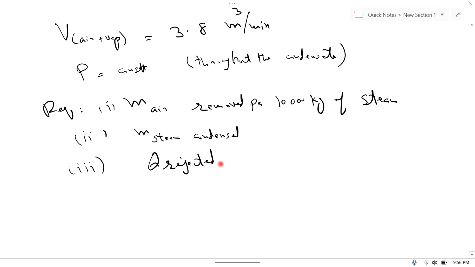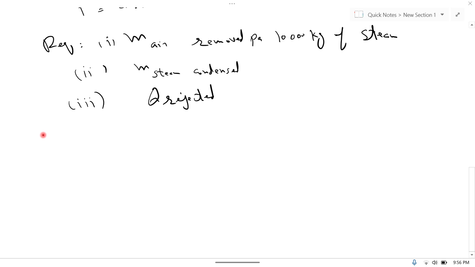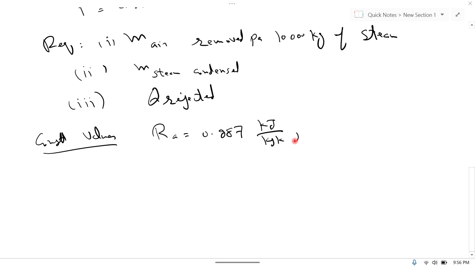Now here are some constant values which we will use in the problem solution. R for air is 0.287 kilojoule per kilogram per Kelvin. R for vapor is equal to 0.4615 kilojoule per kilogram per Kelvin.